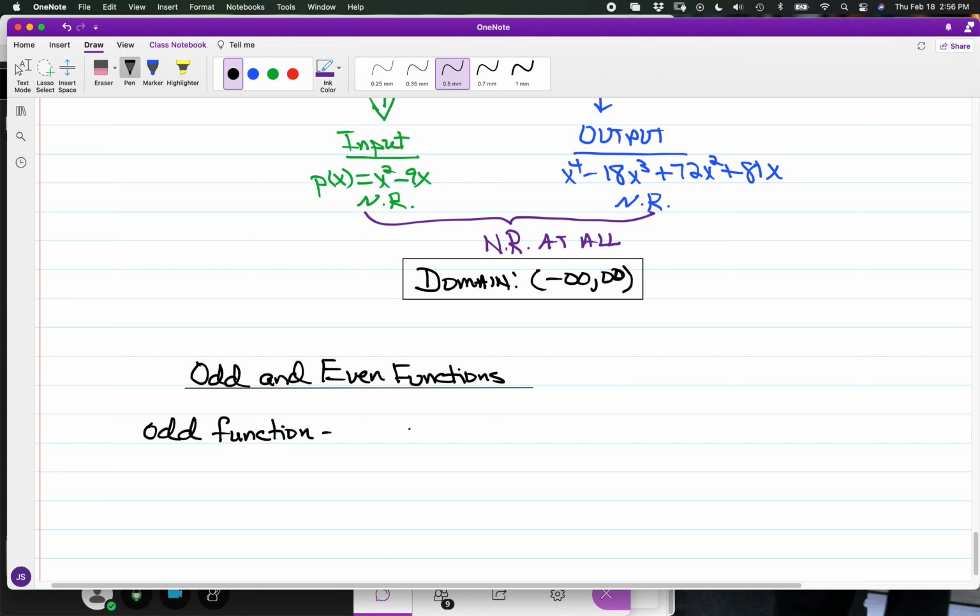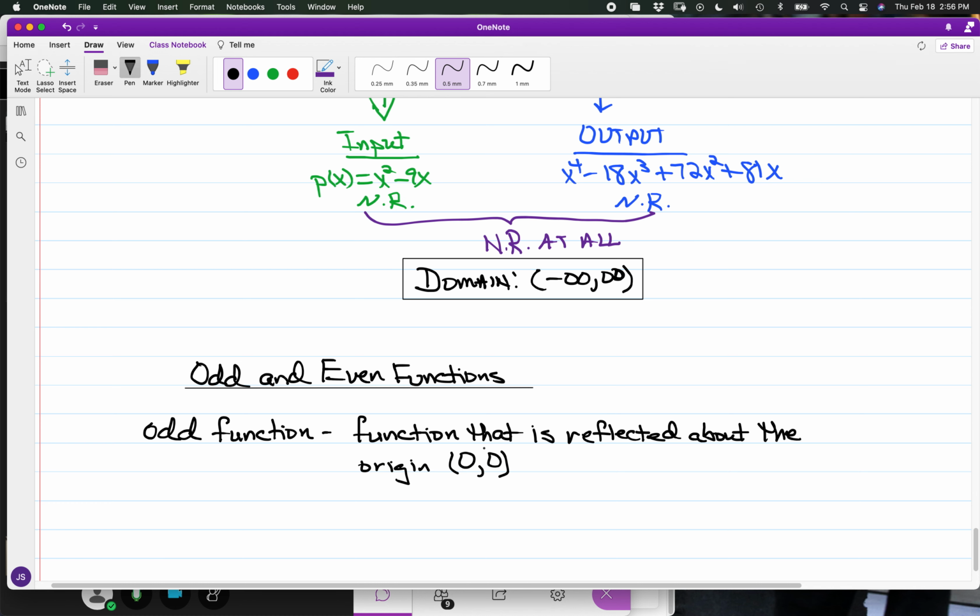Now, an odd function. In terms of graphing, an odd function is a function that is reflected about the origin, again, the origin being where the x and the y values are 0.